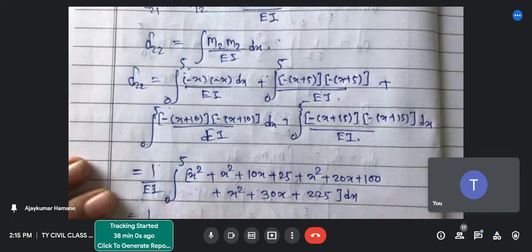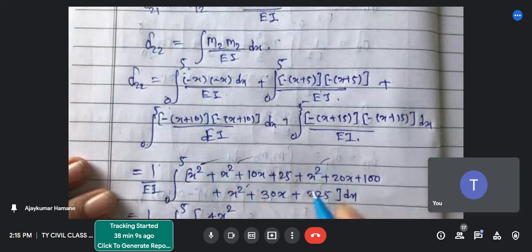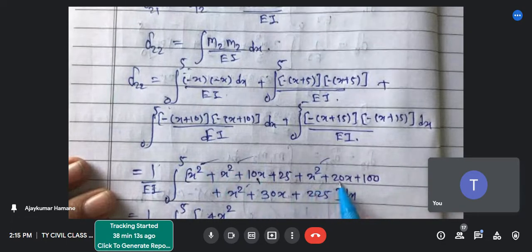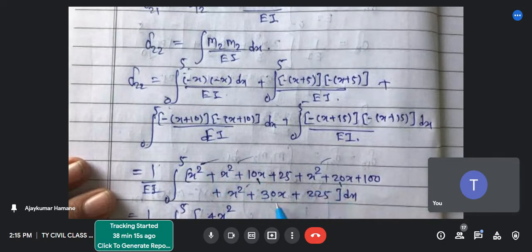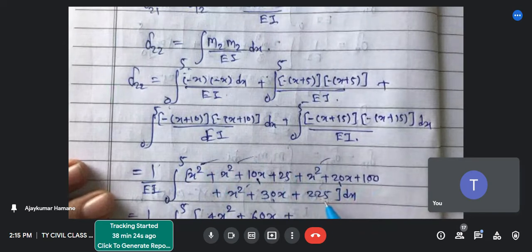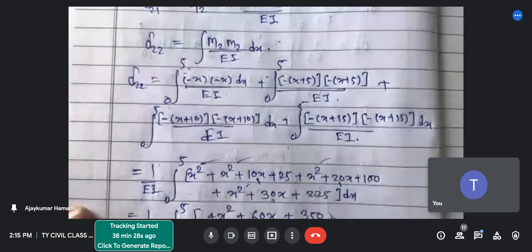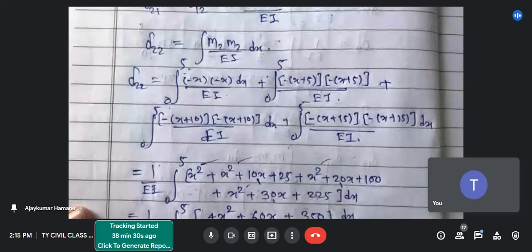So 1 by EI, 0 to 5, here it becomes 1, 2, 3, 4x square, 10, 20, 30, 60x, plus 25 plus 100 plus 225, that is 350, into dx.